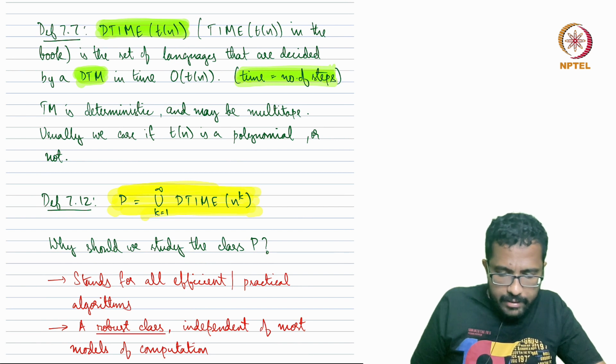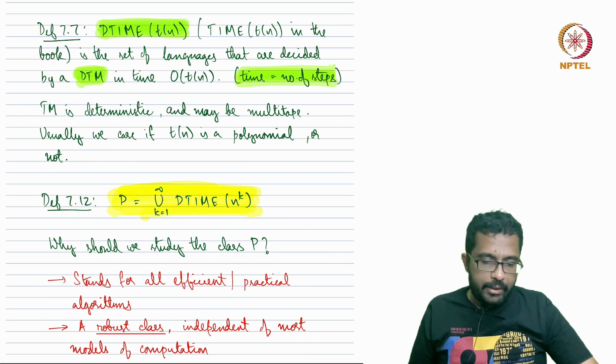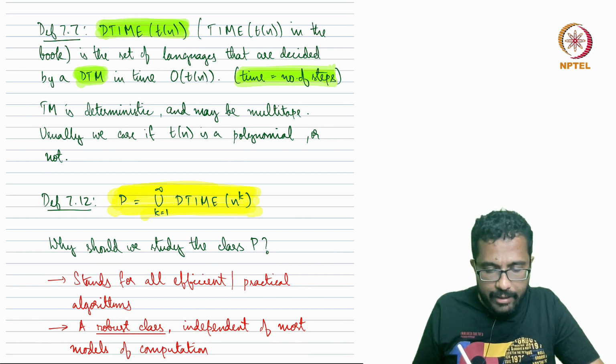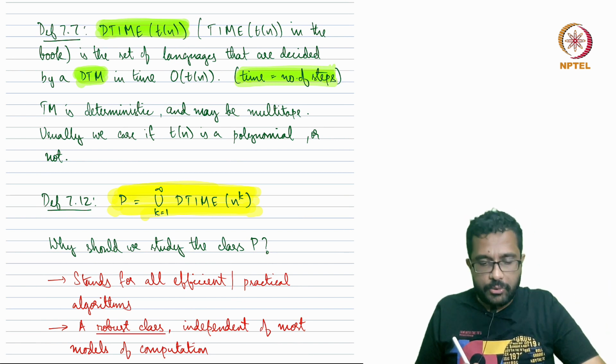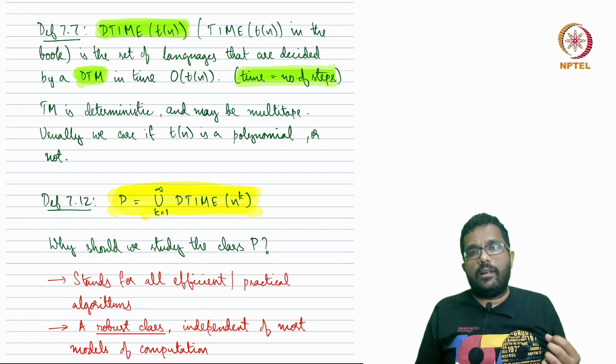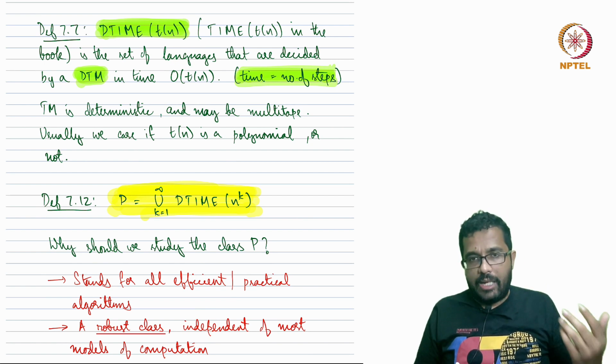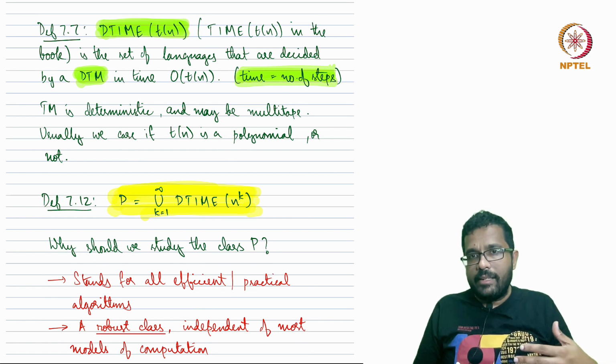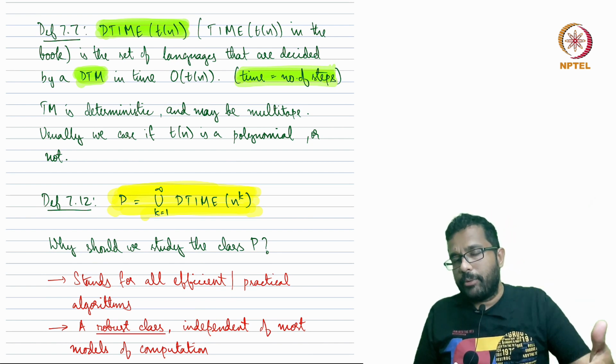So the complexity class P is defined to be the union of DTIME(n^k), where k varies from 1 to infinity. So what are the class of problems or languages that can be decided in DTIME(n), DTIME(n squared), DTIME(n cubed), DTIME(n power 4) and so on.